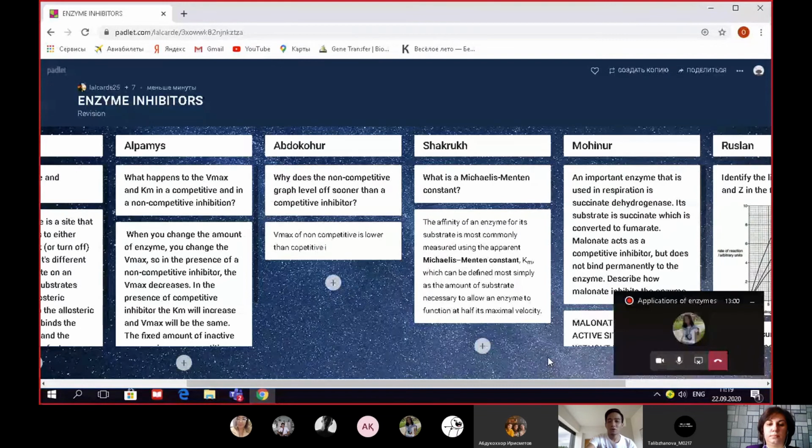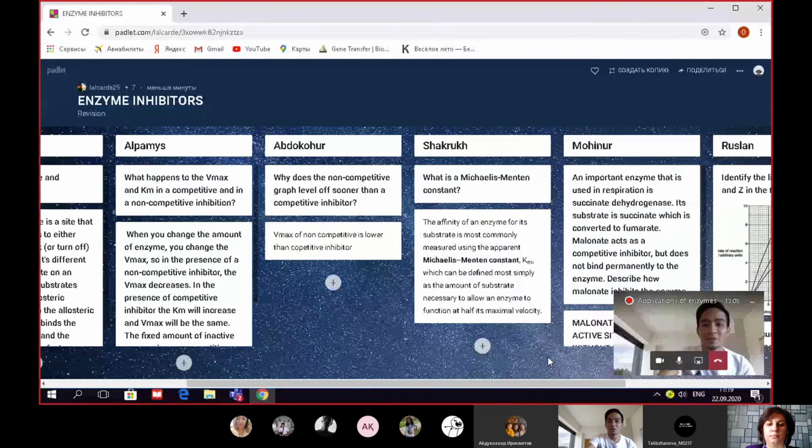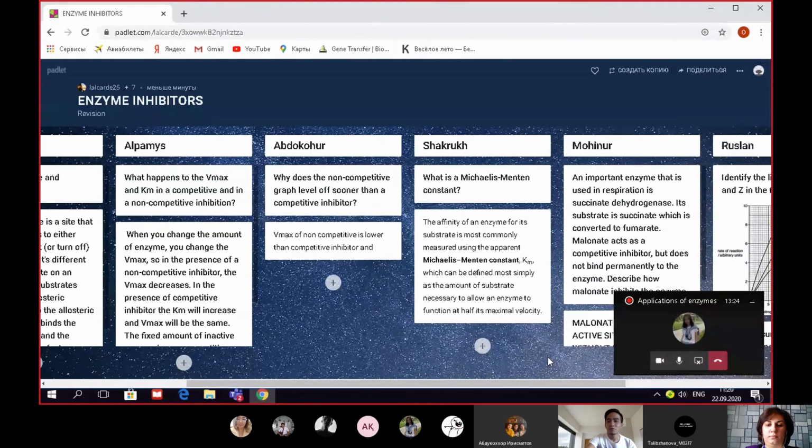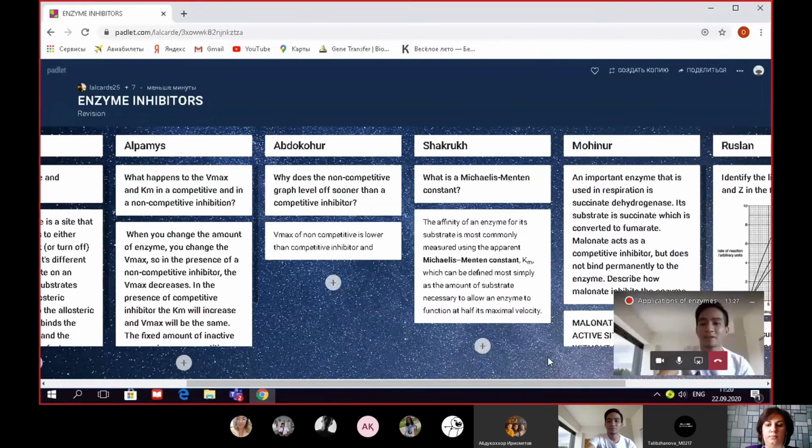So please, for those who are already done, go to the group work tab in Teams, find your name, find your page, and then start working on it. These are the positive and the negative effects of inhibitors. You have 5 minutes to do that.